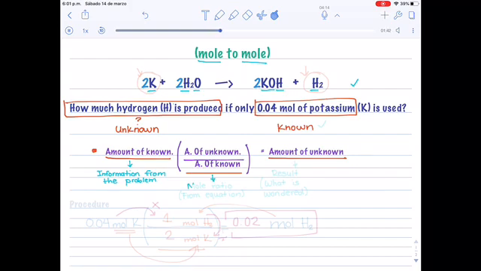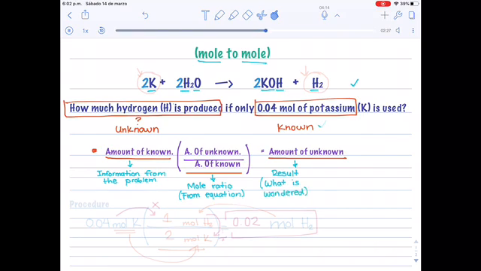Then the fraction that goes in the middle will be represented by a mole ratio. The mole ratio is going to be taken as was explained in one of the tutorials, and this information comes directly from the equation. Then the amount of the unknown will be our result, and it represents what is being asked, which means what we don't know.